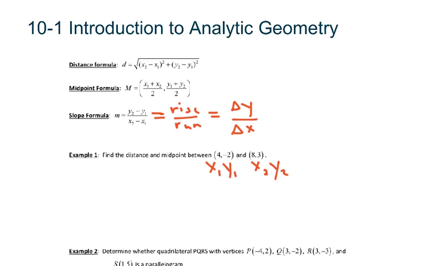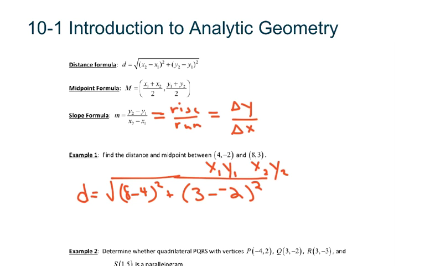The reason I do that is because then it helps me think about how I'm going to plug the coordinates into the formula. So the distance is going to be the square root of (x2 minus x1) squared plus (y2 minus y1) squared. Be careful about the signs of your numbers when you plug into the distance formula.